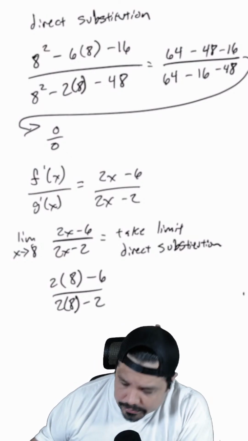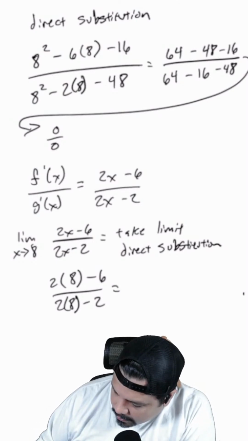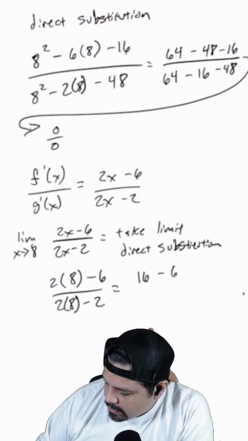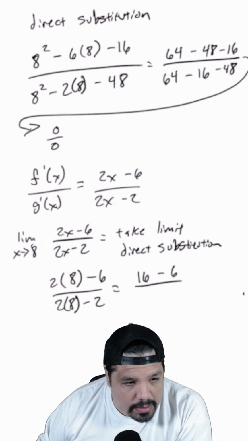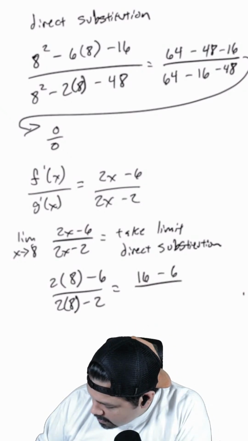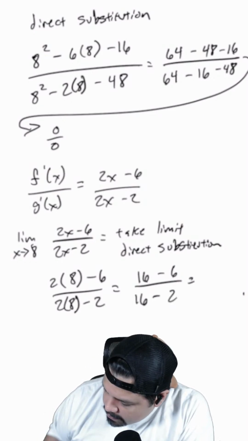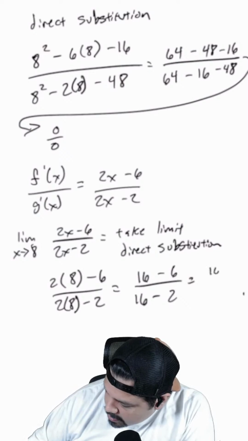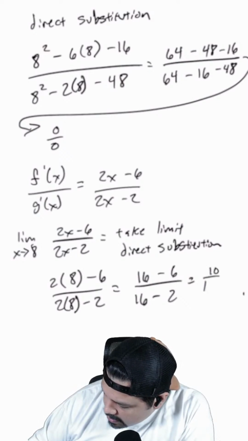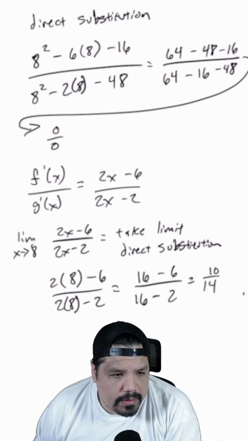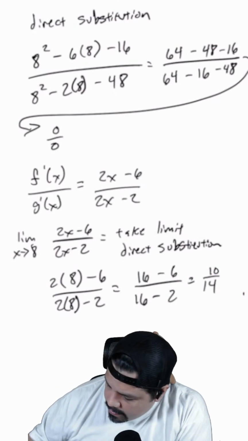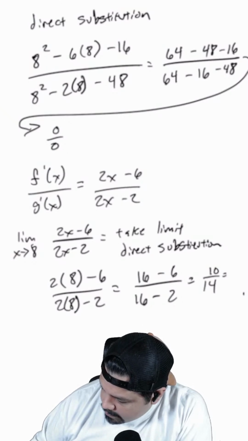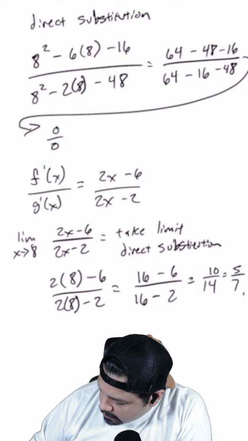Okay. What's 8 times 2? We know that's 16 minus 6. 8 times 2? We know that's 16 minus 2. I believe that's 10 over 14. We can reduce that a little bit more, can we? Let's make that 5 over 7.